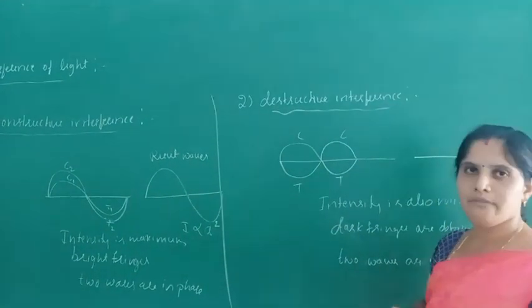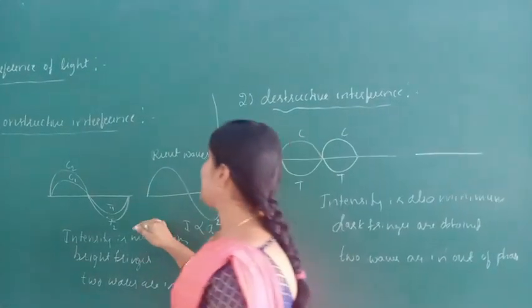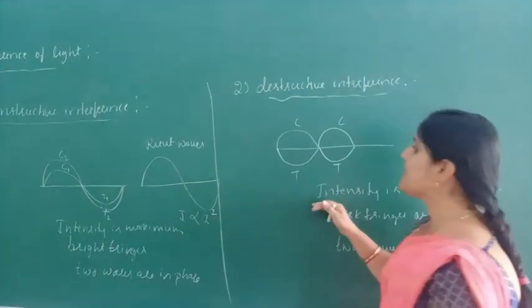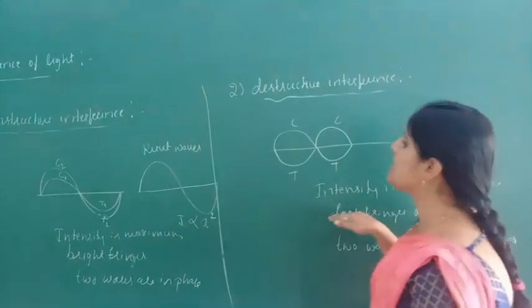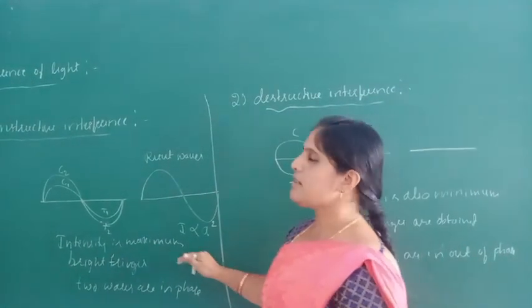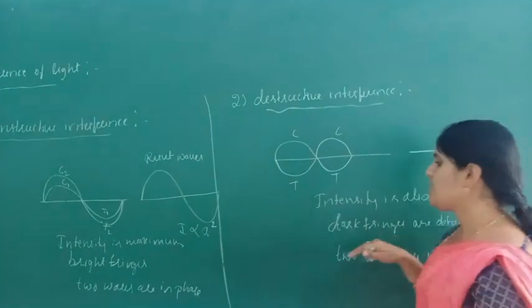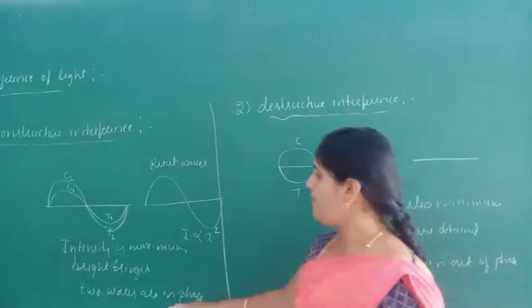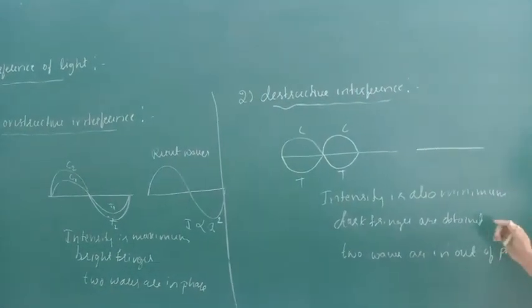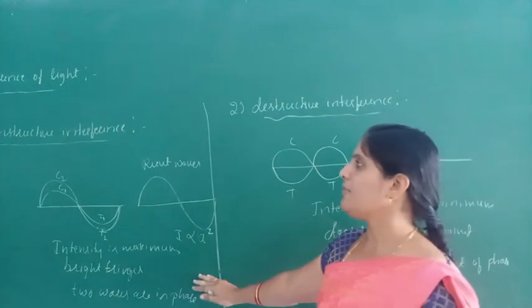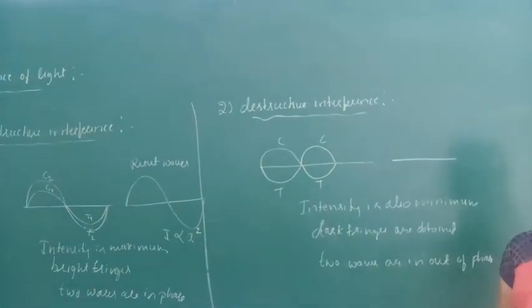The amplitude is maximum; the amplitude is minimum. Intensity is maximum; the intensity is minimum. Bright fringes are obtained; dark fringes are obtained. The two waves are in phase; the two waves are out of phase. These are the differences between constructive interference and destructive interference.